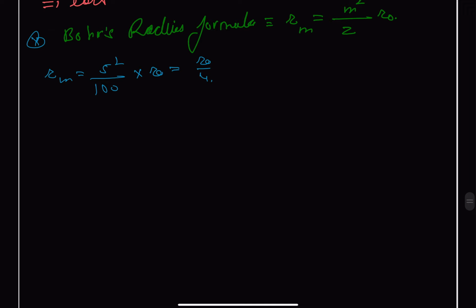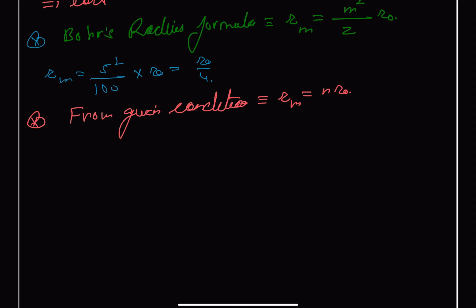So from the given conditions we can write that our Rm is equal to n times R0, and we also found out that our Rm is equal to 1 upon 4 times R0.